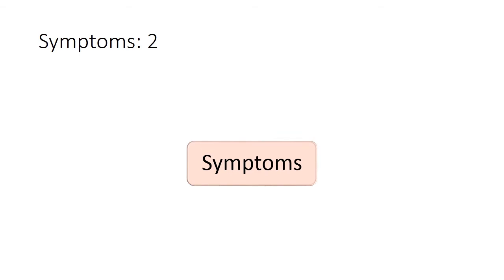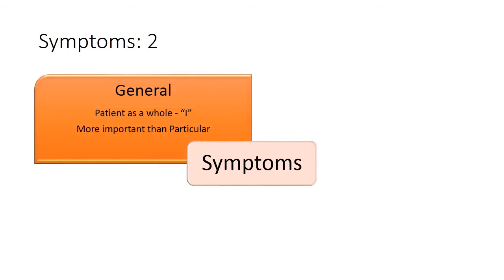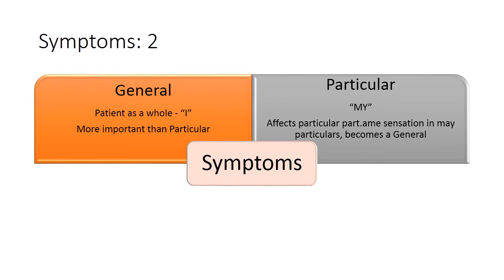Continuing further, symptoms are also known as general symptoms. That is when the person uses the pronoun I: I am not well, I feel cold. So they are important to us, and they are more important than particular symptoms where the pronoun normally is my. My hand pains, I have an ache in my belly.